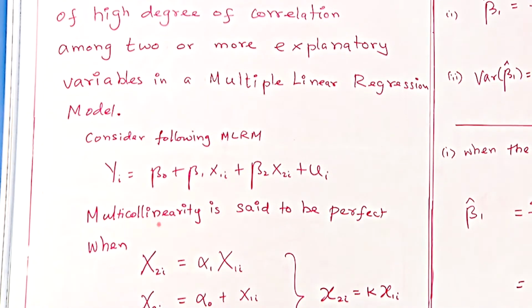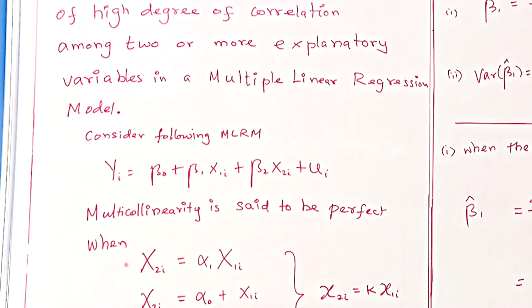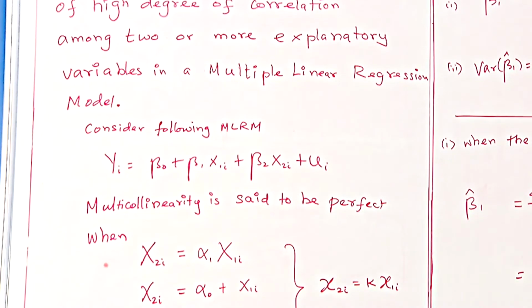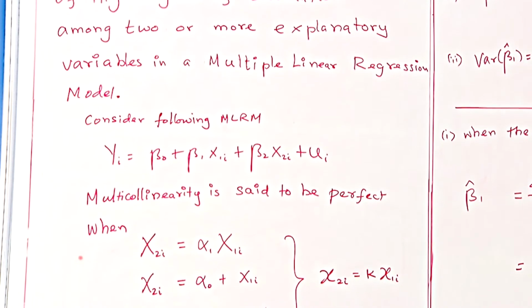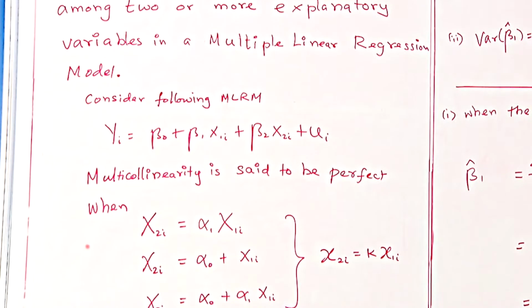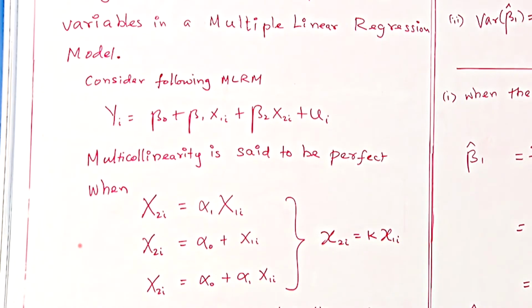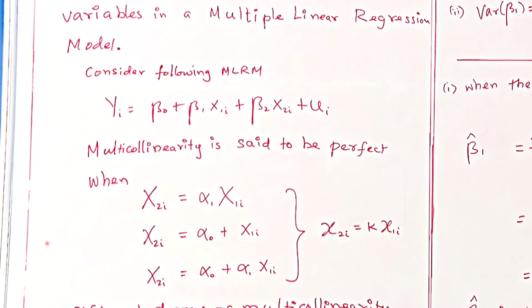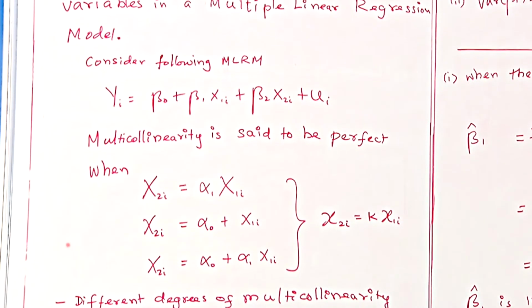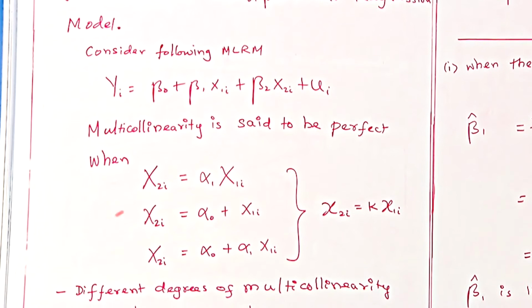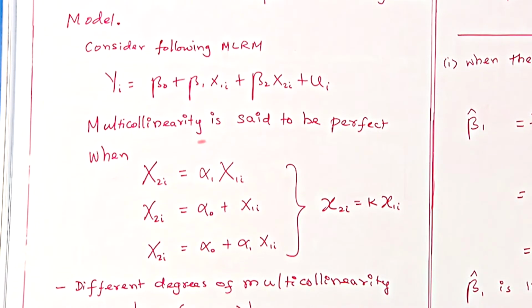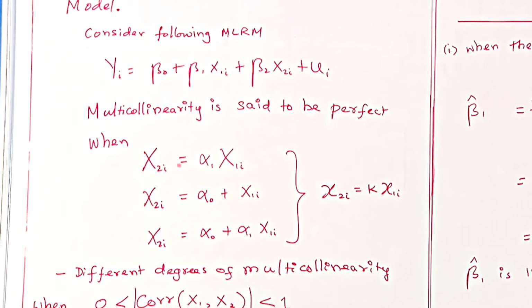Multicollinearity is said to be perfect when x2i is equal to alpha 1 x1i, or x2i is equal to alpha 0 plus alpha 1 x1i. So, this is the perfect multicollinearity.